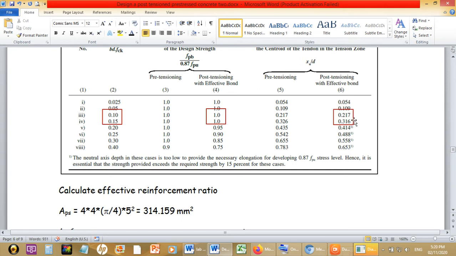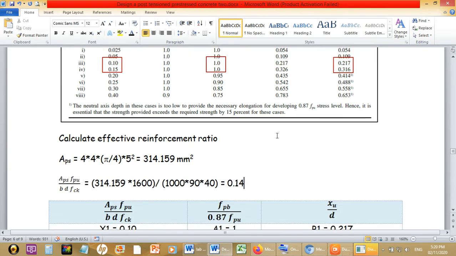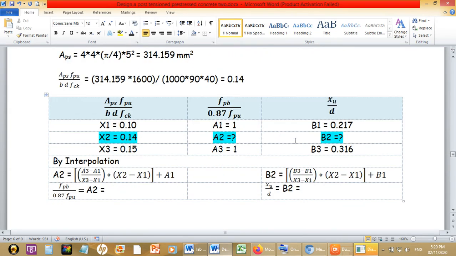So that's why we need to do the interpolation for column number 6. To do that I have used a simple table over here. I know that every one of you knows how to do the interpolation, but those who are having trouble calculating it can follow this simple linear interpolation formula.